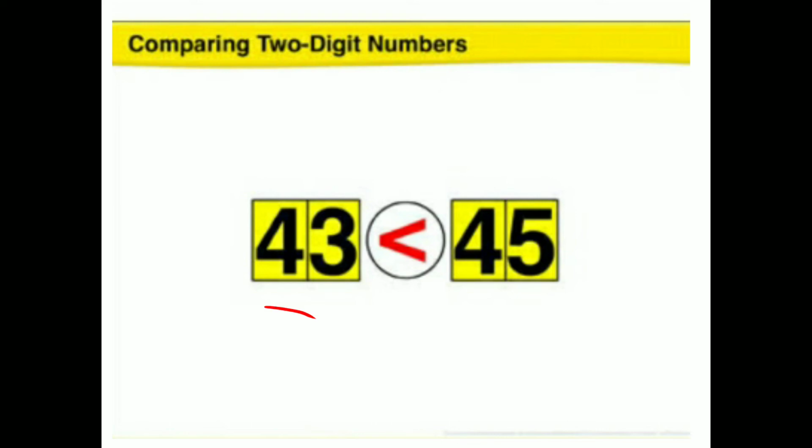So here we have the same number in tens place, 4. So we need to move to ones place numbers now. Here we have 3 in ones place and here we have 5 in ones place. So we know that 3 is less than 5. So we need to put the less than symbol here.